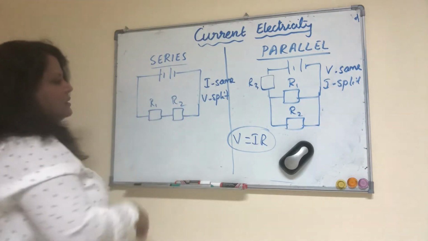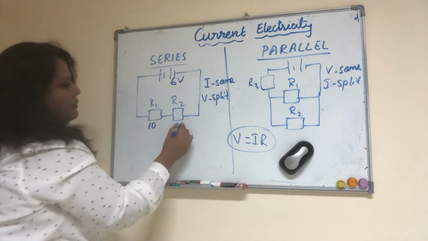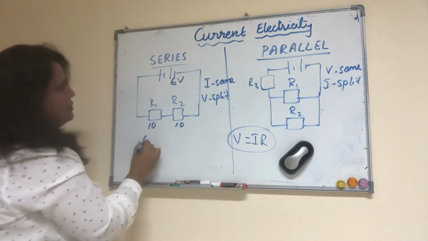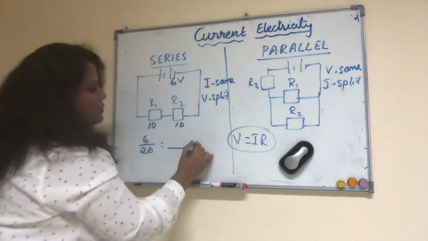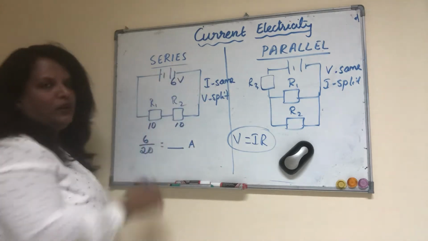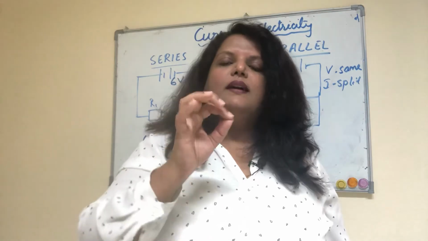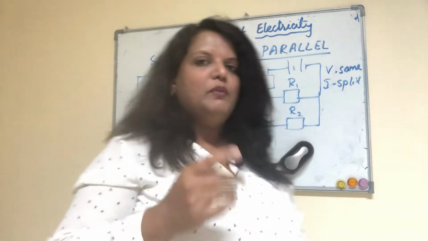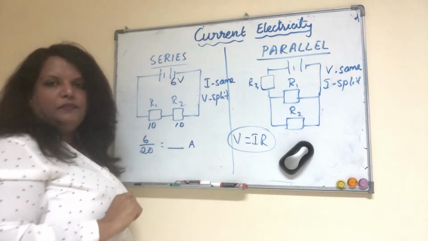So once you figure out a simple calculation, say if it is 6 volt here, and you've got 10 and 10 here, what will be the total resistance? 20. So 6 upon 20, whatever value you get, that many amperes will be the same at any given point here. Why? Because in a series circuit, the current is the same. You get it? Because sometimes the question is asked, what is the current flow across R1?